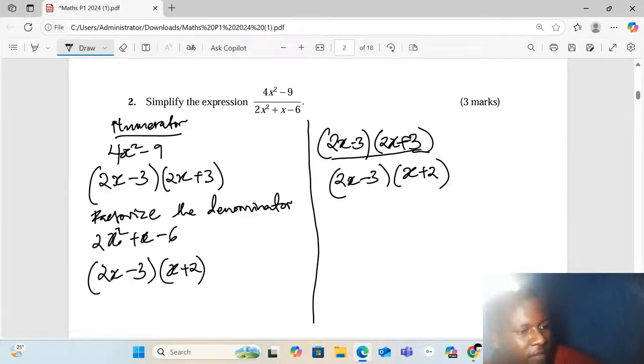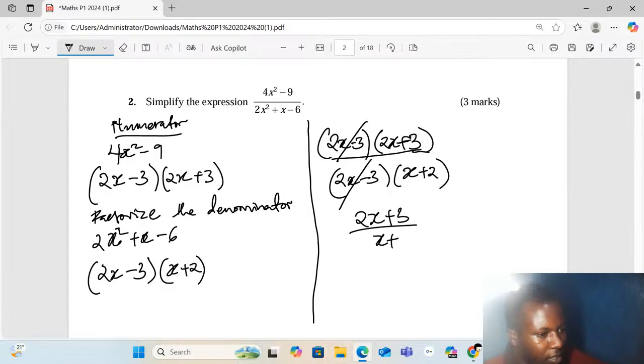Now, we have something in common: 2x minus 3 and 2x minus 3. Therefore, it cancels out. Now we remain with 2x plus 3 over x plus 2. What was the question? Simplify.